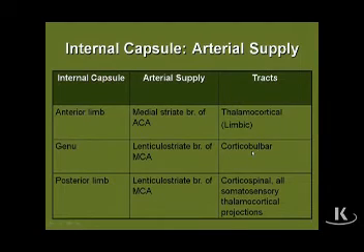Running through the genu are all of the corticobulbar fibers that are serving cranial nerves, all of them. And the corticobulbar region of the internal capsule in the genu is in the vascular territory of lenticulostriate branches of a corresponding middle cerebral artery.